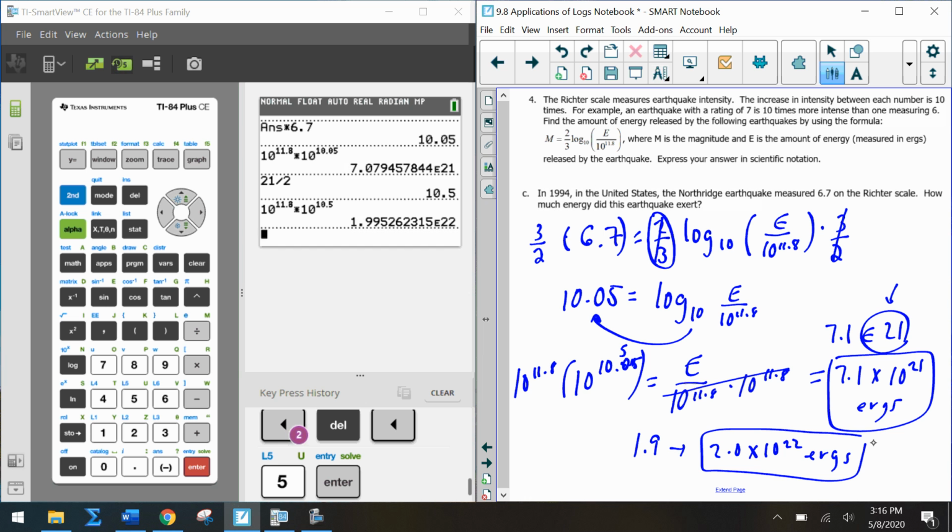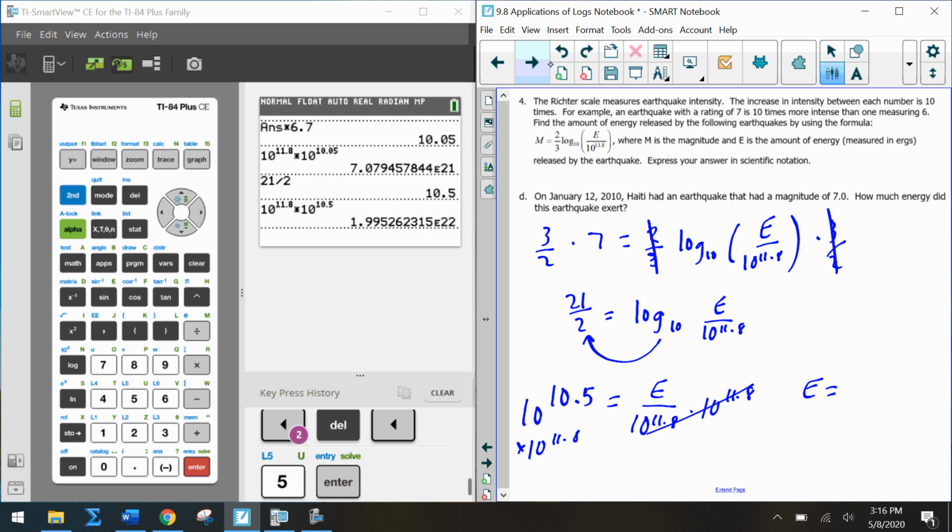Oh, wait. I went back too far. So when we multiply those, I get 2 times 10 to the 22nd ergs. Okay. All right, so those are the answers explained for number 4.